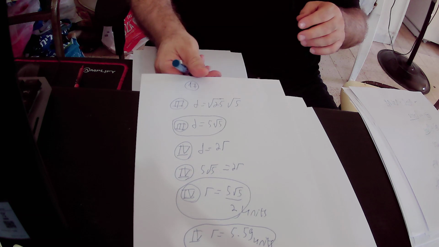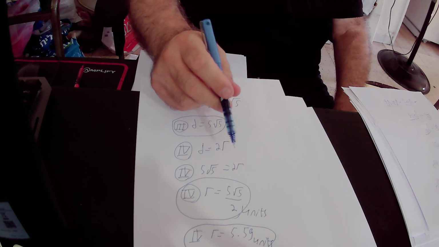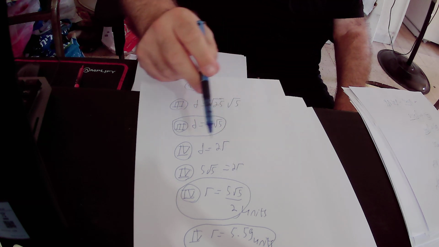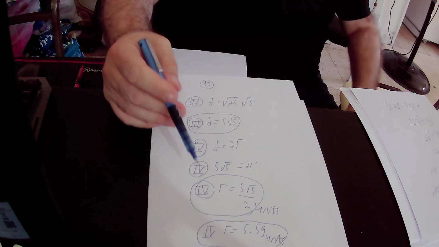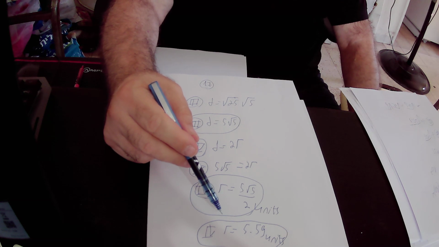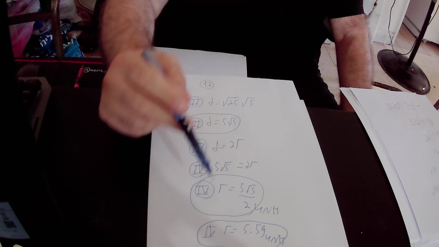Okay, so the radius of the circle equals 5 times root 5 over 2 units, or in terms of numbers, we can say that the radius of the circle equals 5.59 units.